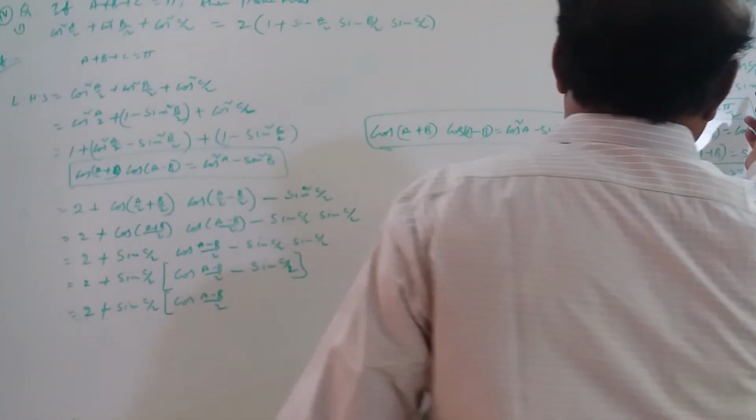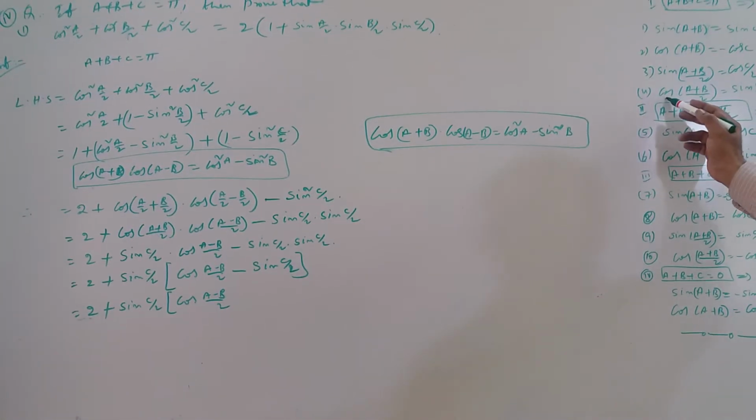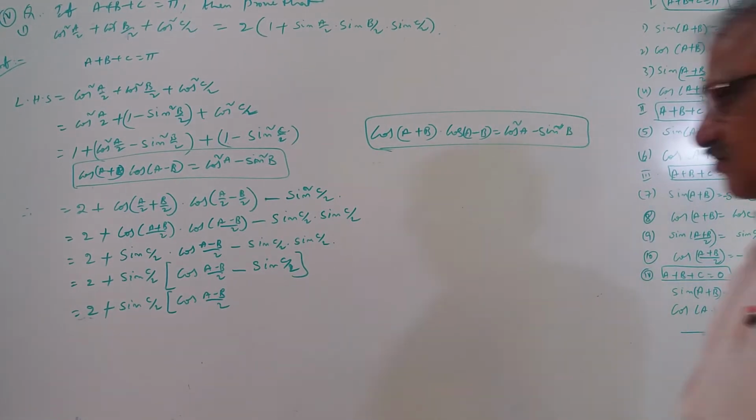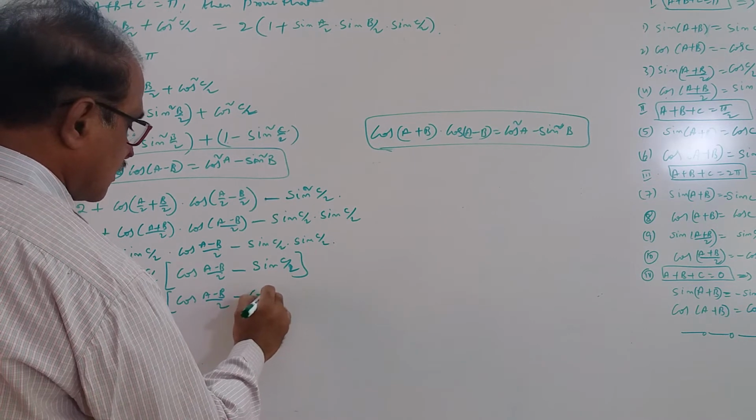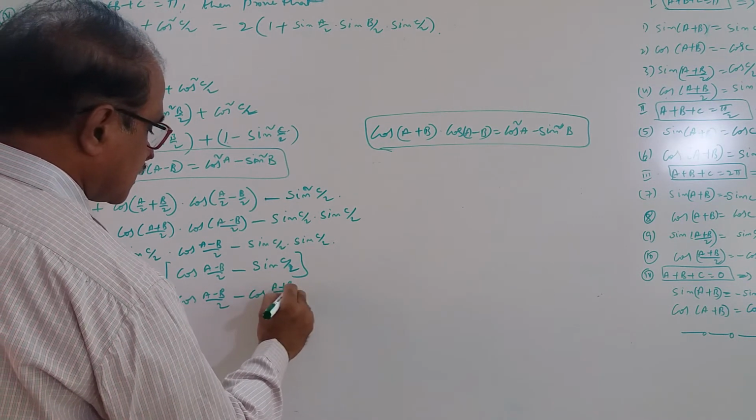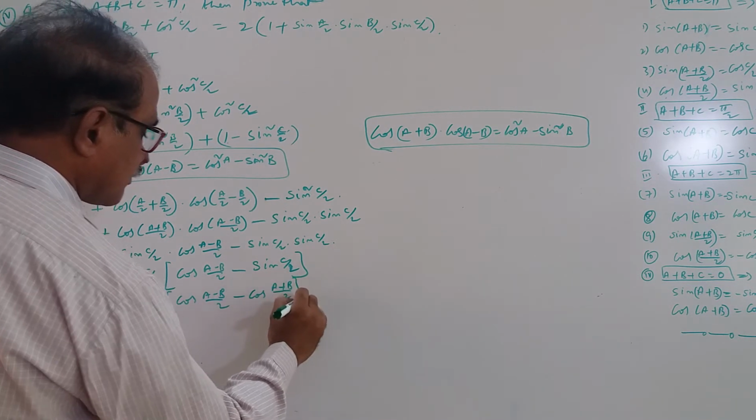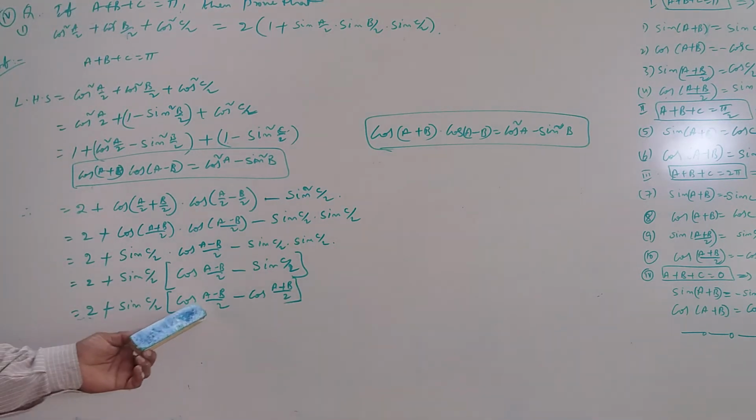What is sin c by 2? Here we can write cos a plus b by 2 again, that is minus cos of a plus b by 2. Now it will become cos c minus cos d.